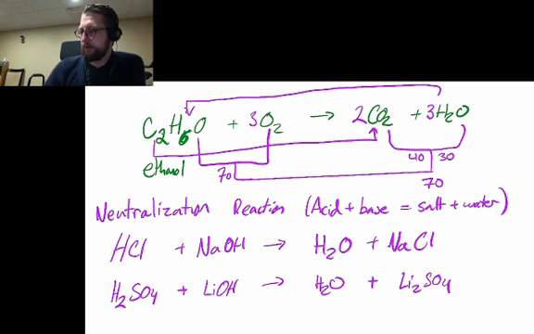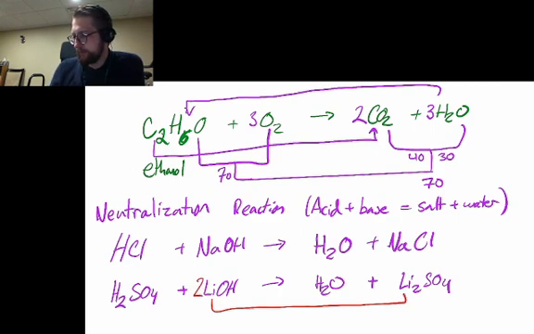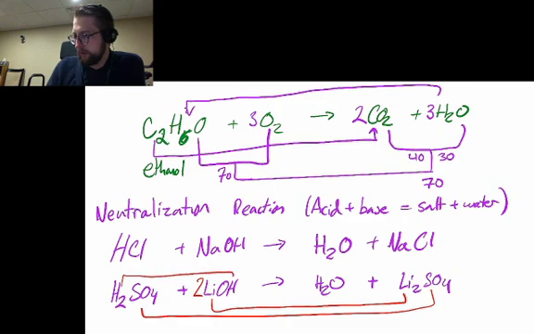Let's do a check. The Li's are unbalanced, so let's fix that with a 2. Check the sulfates. Sulfates are balanced. So let's check our hydrogen numbers. And I notice that I have 4 hydrogens, and I only have 2 hydrogens over here.